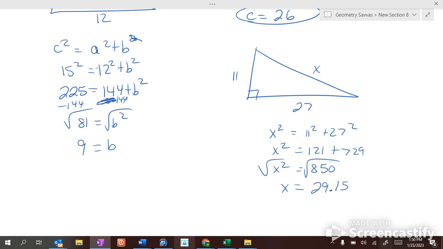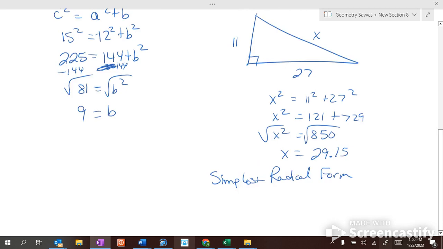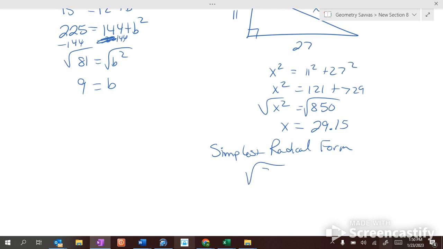Okay. Now, that's if they allow you to do that. What if they say in the directions that it has to be in simplest radical form? We have to break down the square root of 850. What's the biggest perfect square that goes into 850 evenly?